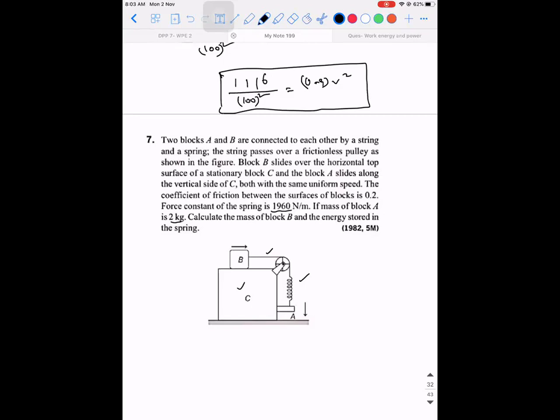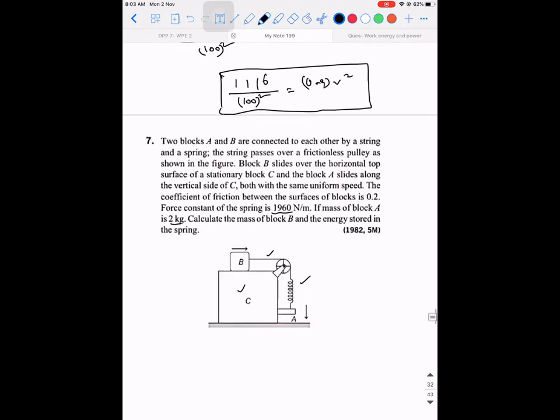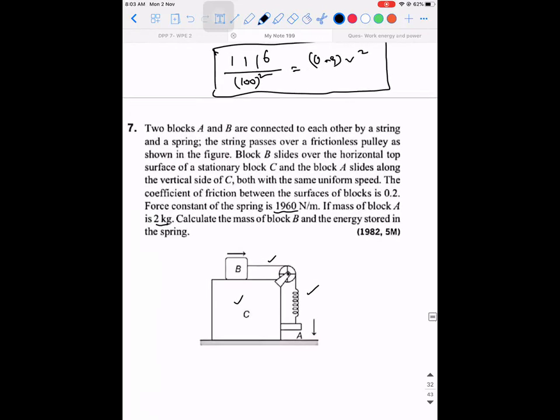So in this question, what is a hint? I'll give you 1 minute time. You guys think and tell me what is the hint.